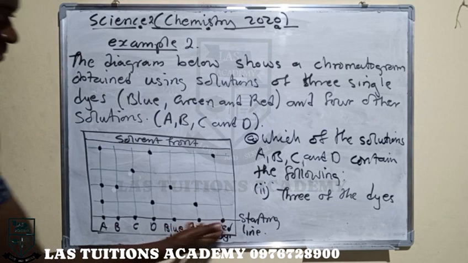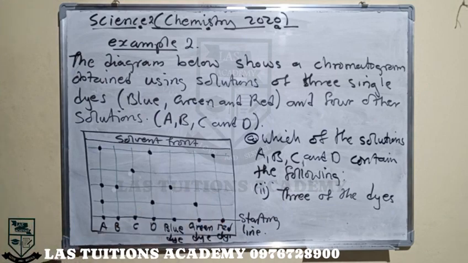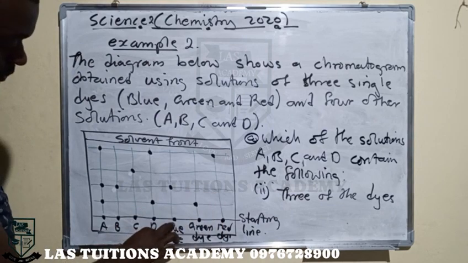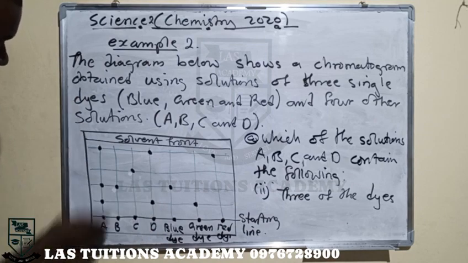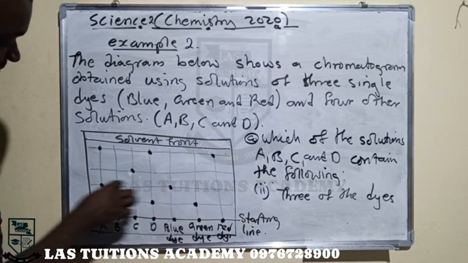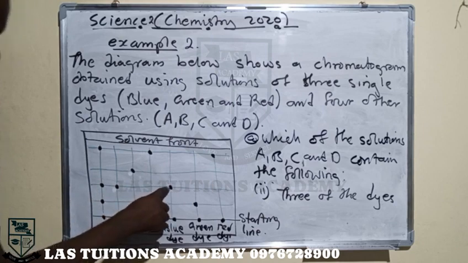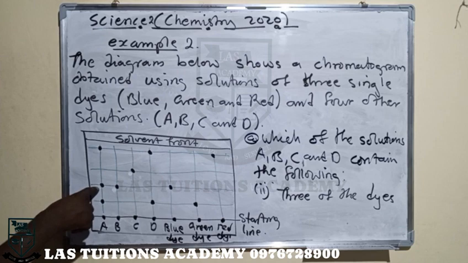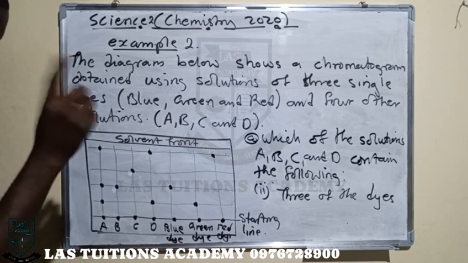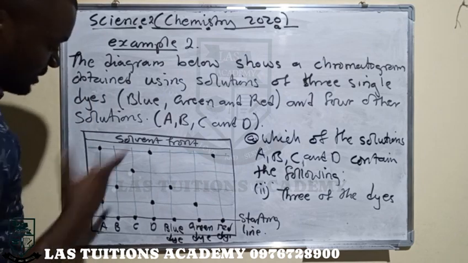Contains all these 3. So meaning blue goes to the second line there. So that solution should be on the same line with the blue. And when you look at which one is on the same line with blue, we have B and A. So between B and A, there's one which is the correct answer.